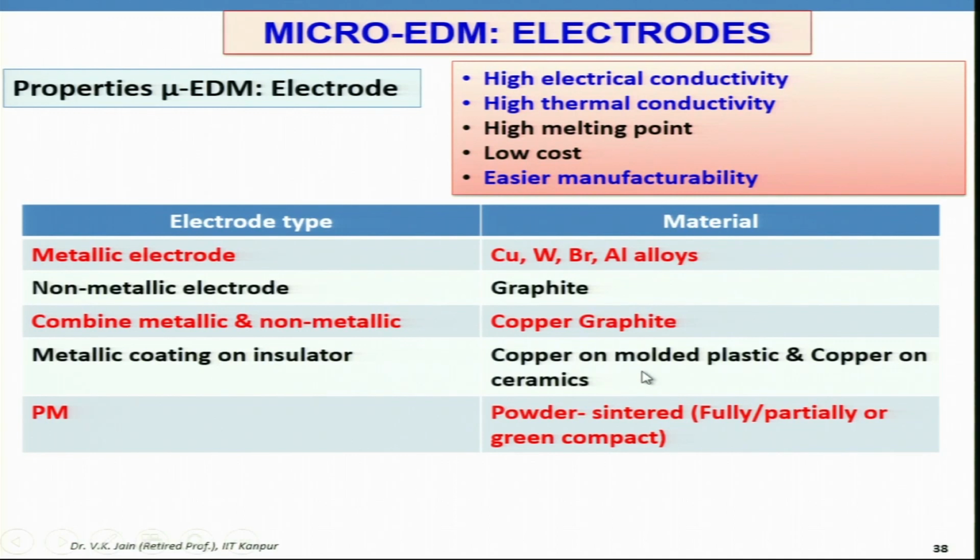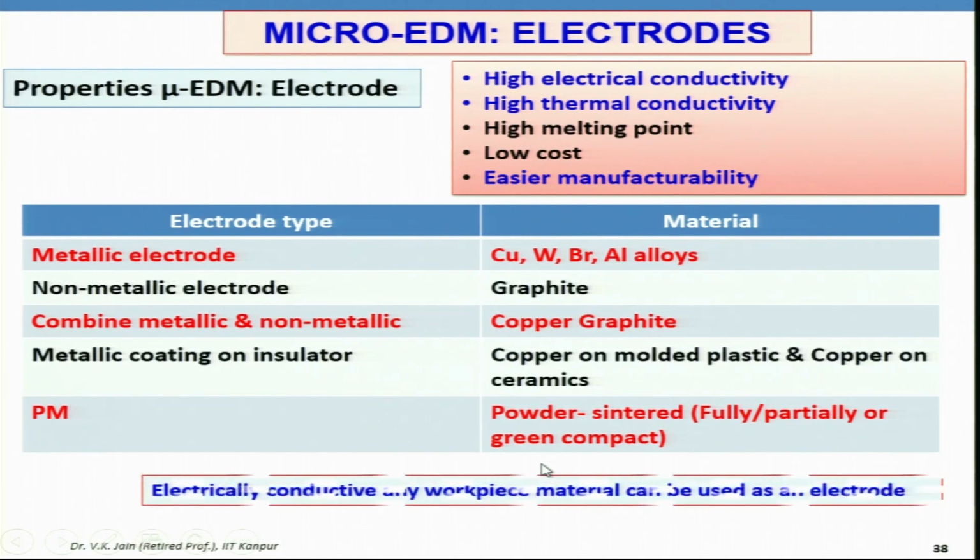It will reduce the cost as well as serve your purpose. And powder sintered, fully or partially green compact. Electrically conductive, any workpiece material can be used as an electrode, that I have already mentioned to you, in the case of EDM as well as EDMM processes.